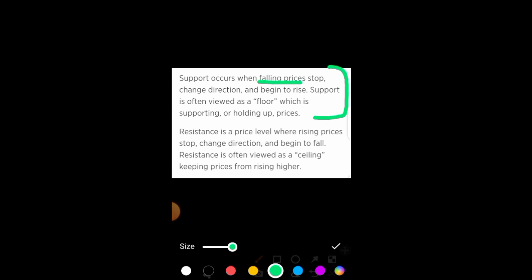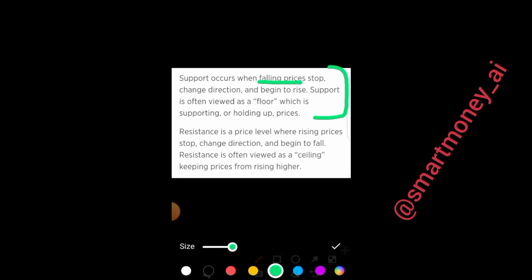When the falling prices stop, they change direction. So the price was falling, it stopped, and then it changed direction. So where do we think it was heading to? It was heading to the downside because it was falling. It stopped and it changed direction to the upside, right? So support is often viewed as a floor, which is supporting or holding up prices.